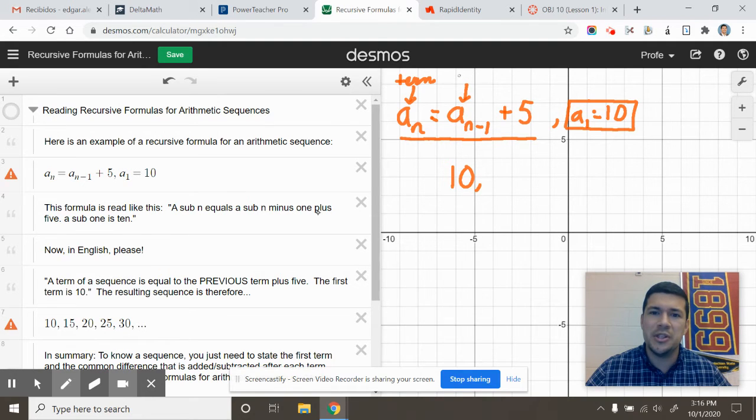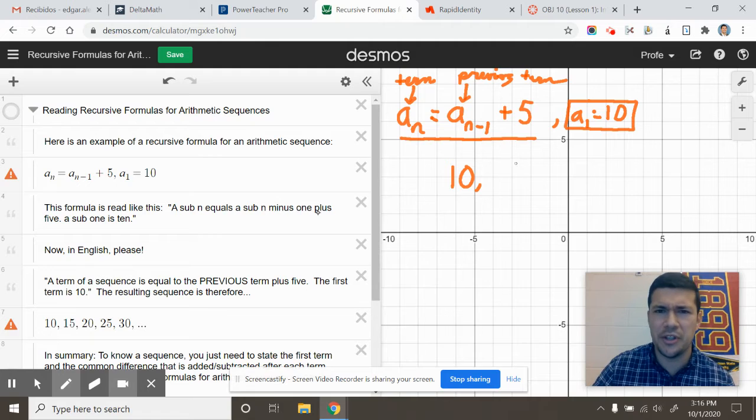A sub n minus 1 simply means the previous term. All right, that means if I have a number, a sub n minus 1 is the previous number. So it says any term is equal to the previous term plus 5. Okay, well, that's pretty simple to understand.